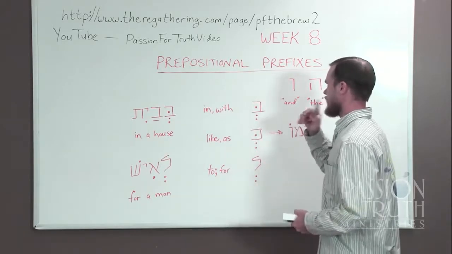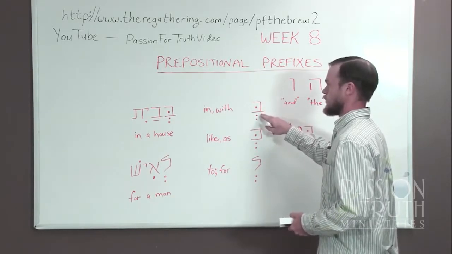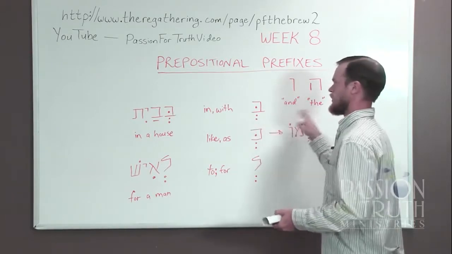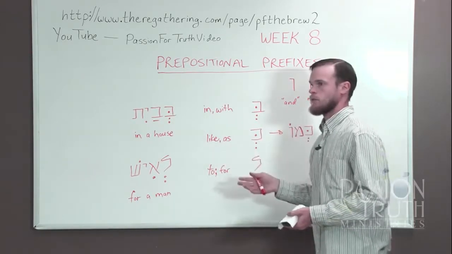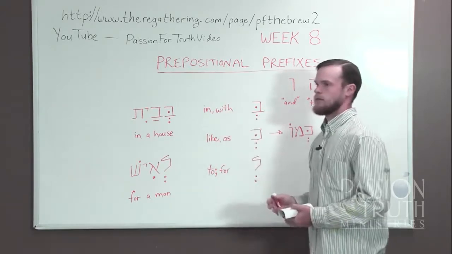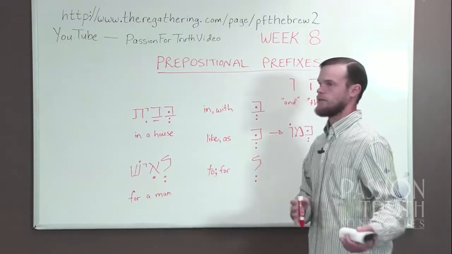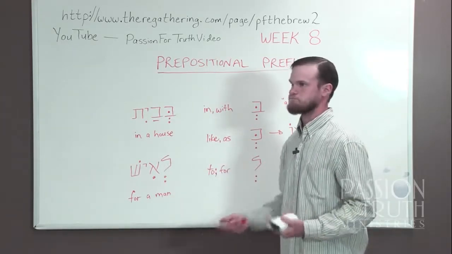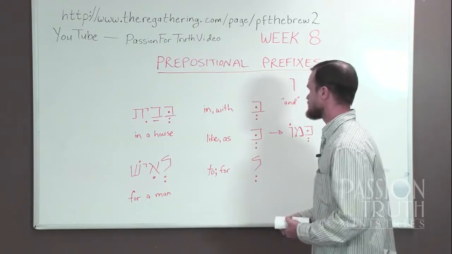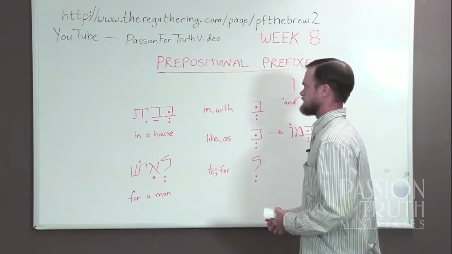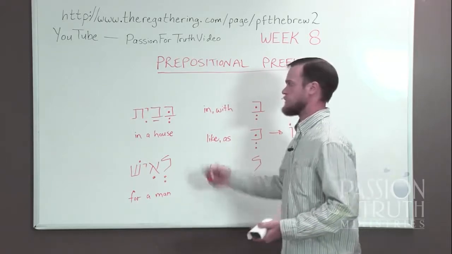Now the bet does not have an equivalent separate preposition, so there's no other preposition that would mean in or with. There's others that do mean with, but they don't mean with in the same sense as the bet. They mean with in the sense of alongside, whereas the bet means with as in using. So if you're doing something with a pen, it'd be bet.